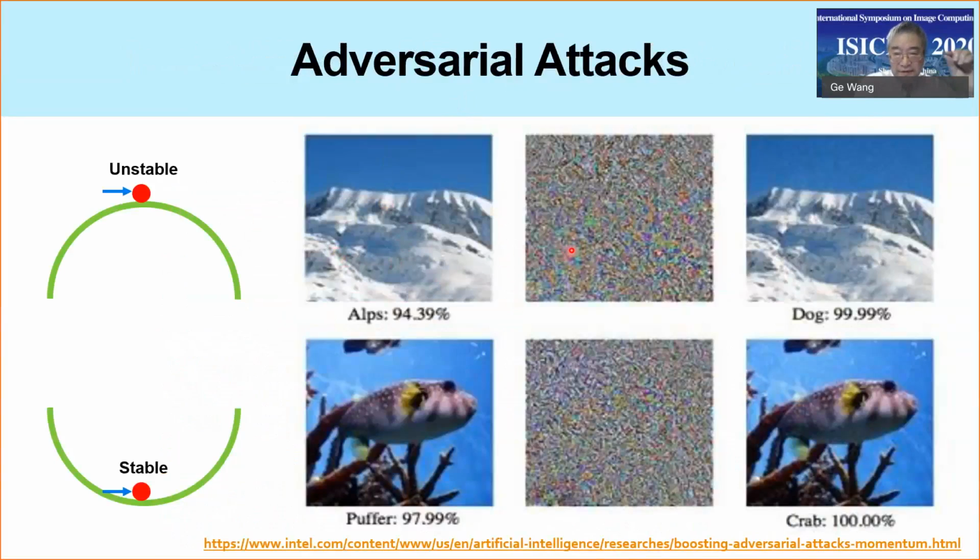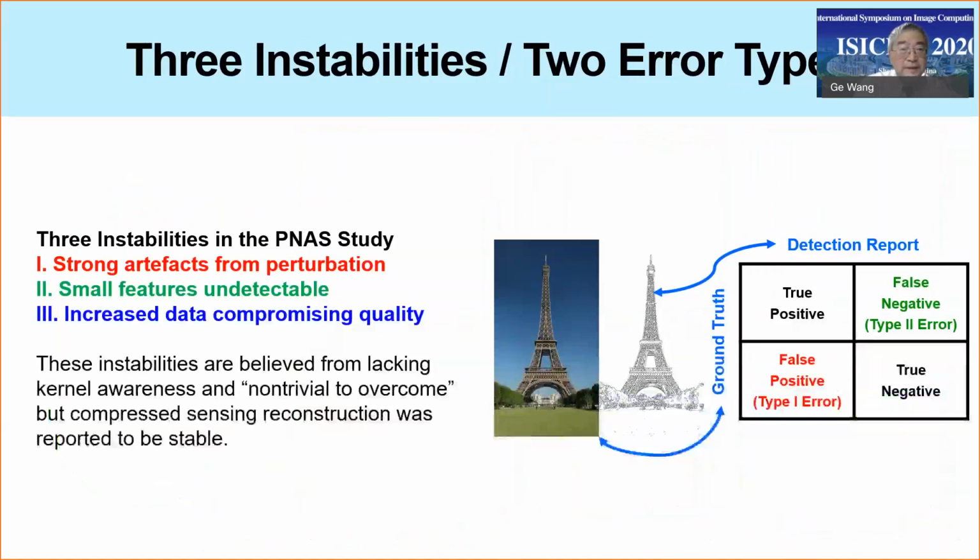You add very weak noise to the input, and you get this output. For humans, visually you see no difference, but a neural network will judge this as a dog with a high confidence level. So this is a problem showing the network is not stable. Certainly a huge problem.